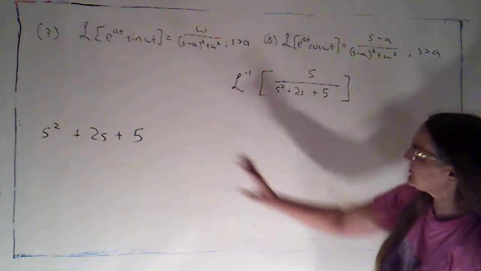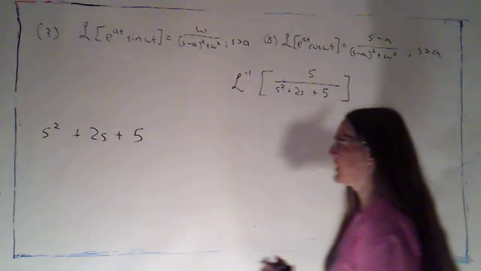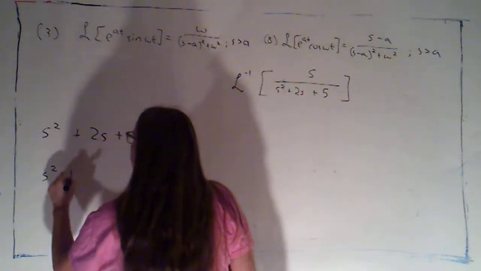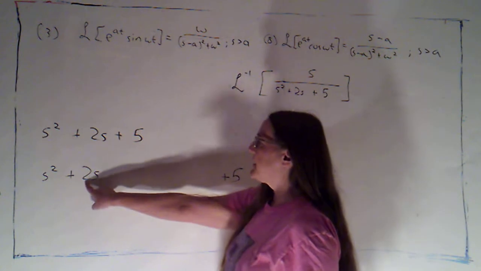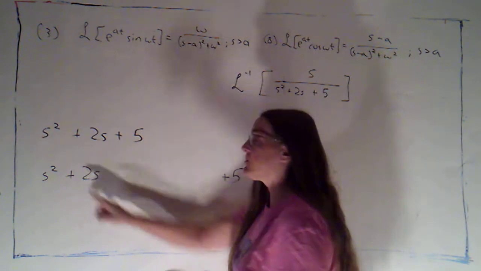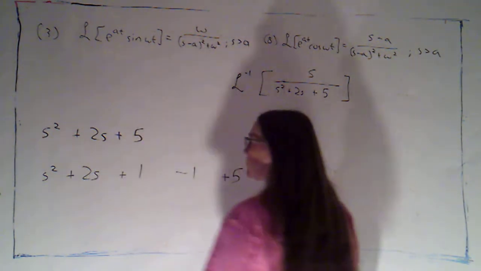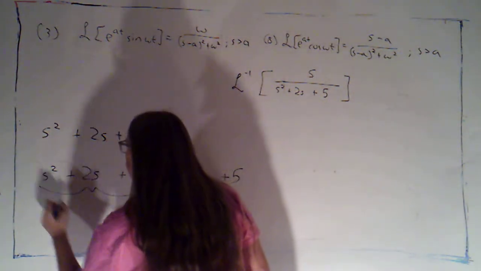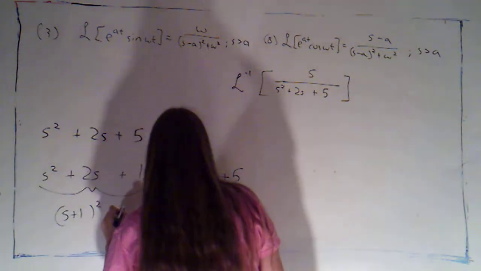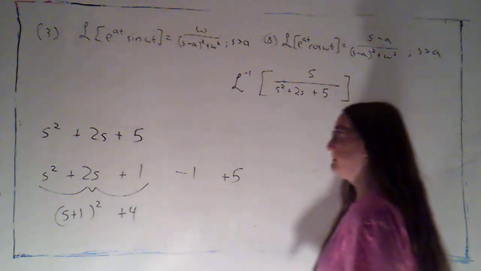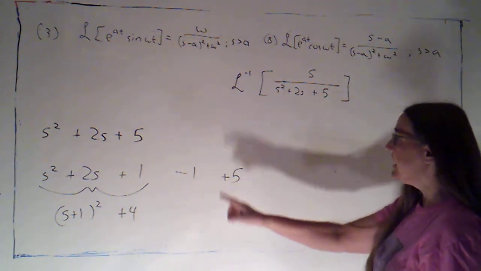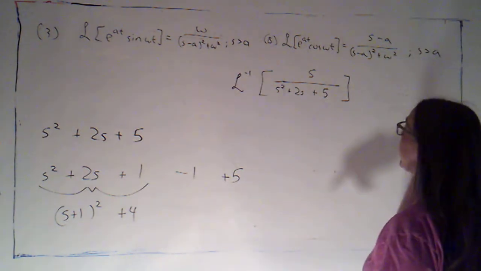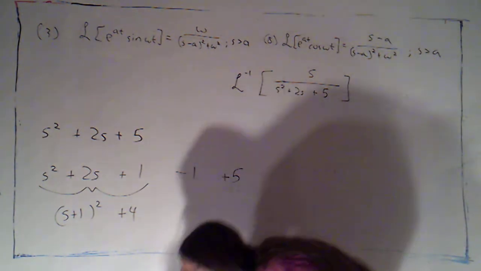Okay. You can probably see by inspection that this one didn't work. Okay, so I'm going to say this is s squared plus 2s plus 5. Cut that in half to get 1. 1 squared is 1, so I'm going to add 1 and subtract 1. And that way this becomes s plus 1 squared plus 4. Okay. So I'm able to write that denominator as s plus 1 squared plus 4.